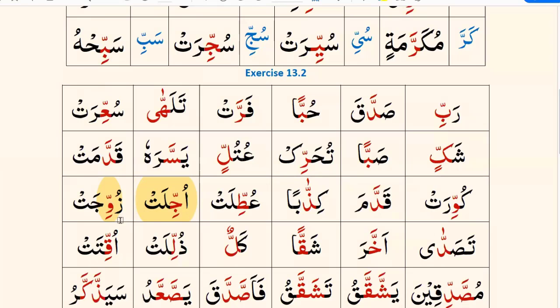Make sure that you focus on keeping those letters short. There's no elongation with these simple strokes. Remember, simple kasra, simple fatha, simple dhamma, 1 second each. The elongation is if you have a vertical fatha or a vertical kasra or an inverted dhamma. Otherwise, 1 second.